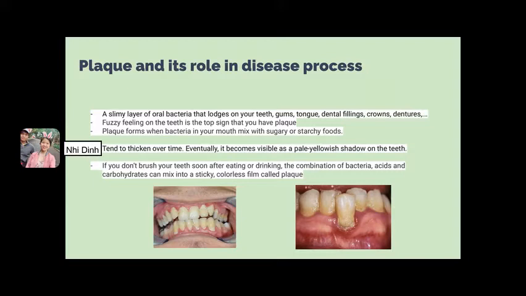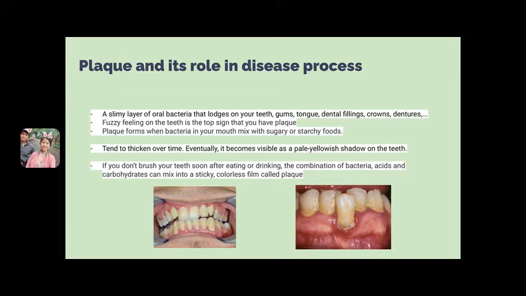This slide is an overview of plaque and its role in the disease process. Plaque is a slimy layer of oral bacteria that lodges on the teeth, gums, tongue, dental implants, and dental fillings. Once plaque accumulates, you might feel a fuzzy tongue.